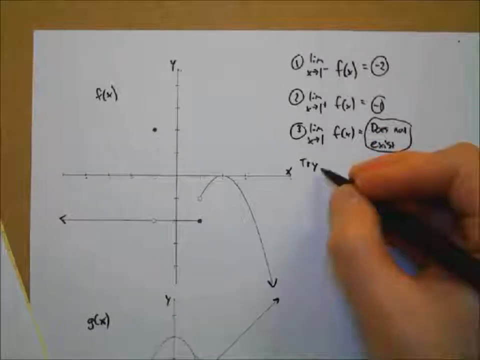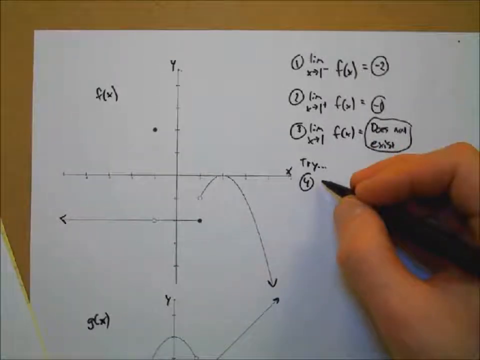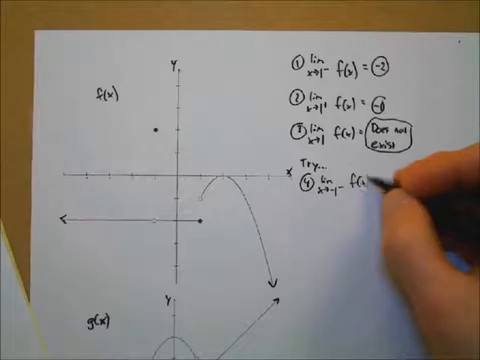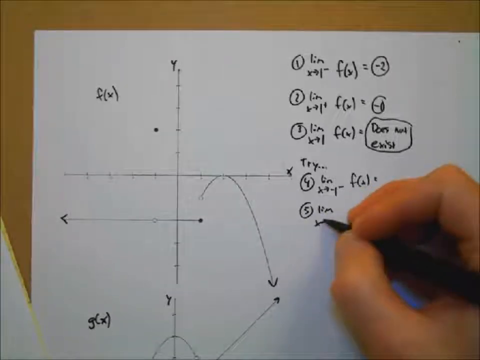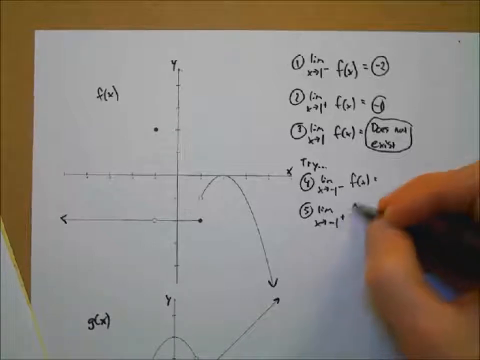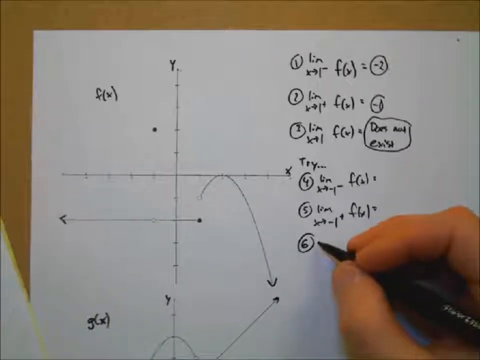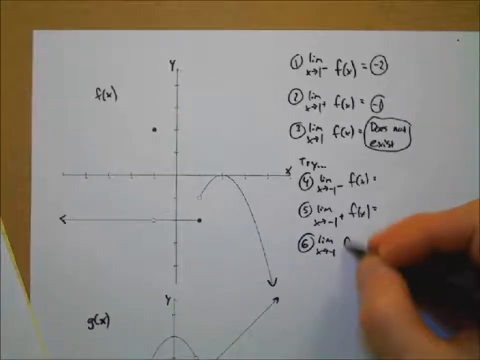So let me give you 3 to try here. We'll say for the limit as x approaches -1 from the left of f of x, find that. And then the limit as x approaches -1 from the right of f of x. And then the limit as x approaches -1 of f of x.